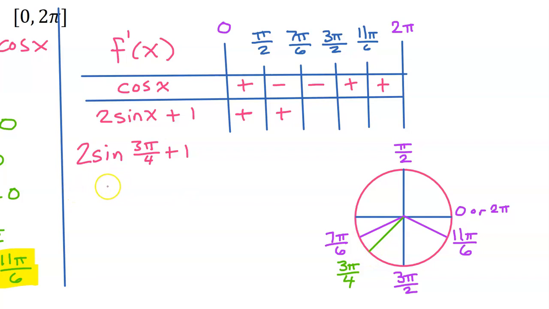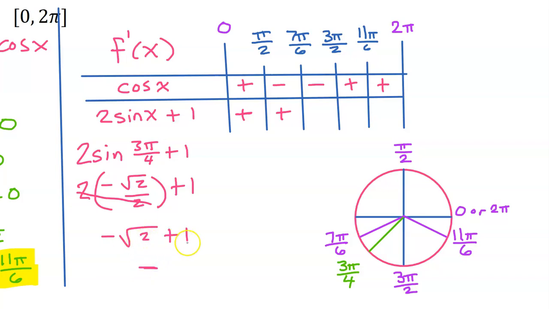So this is going to be negative radical 2 over 2. So we have negative radical 2 over 2 times 2 plus 1. These 2's will cancel each other out, so we have negative radical 2 plus 1. This is going to be a negative value because radical 2 is bigger than 1, and it is negative. So the negatives win. So this is going to be a negative value.